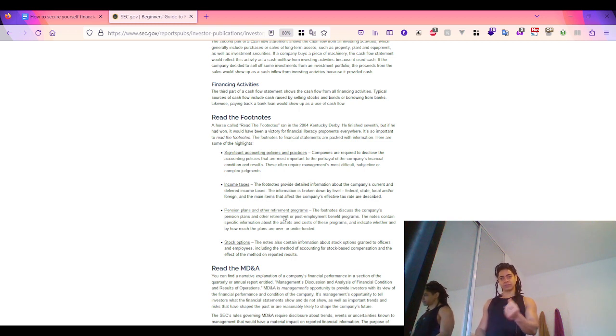Income taxes is another topic you can find in the footnotes, where it is described in finer detail. It covers income taxes for state, federal, local, and foreign, as well as pension plans and other post-retirement or post-employment programs.